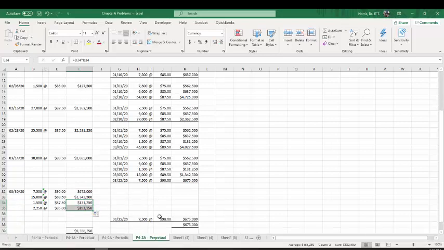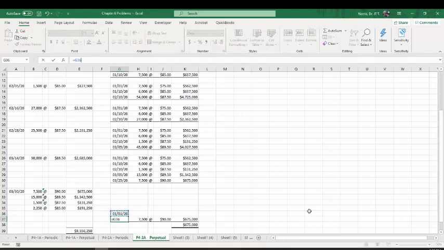And what does that leave us in ending inventory? That leaves us all of the January is untouched. And from the January 10th, we had 6,000. We sold 2,250 of those units at 85.